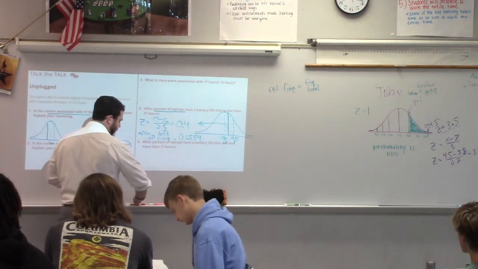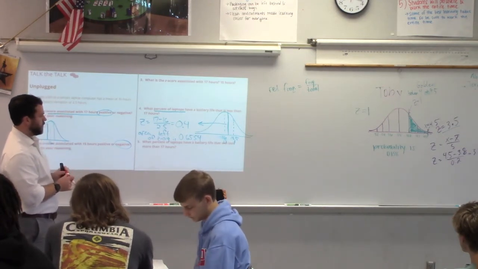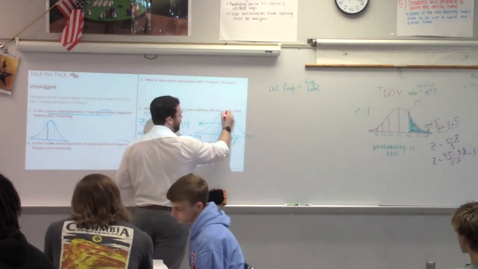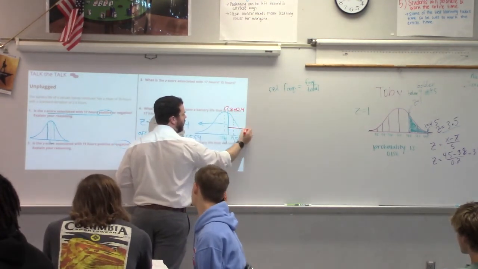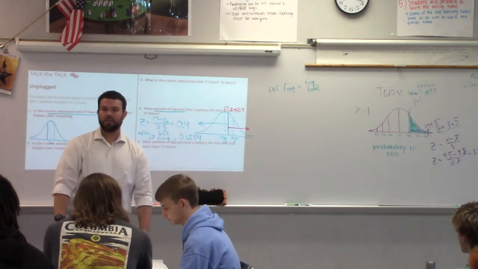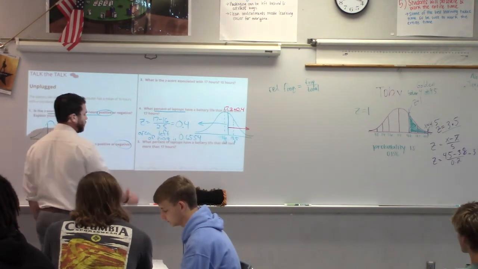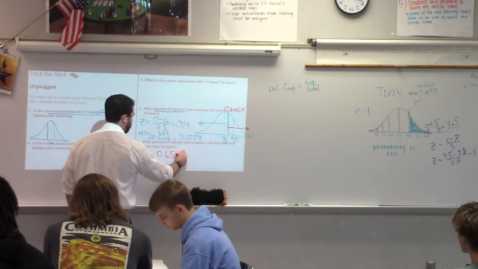But if I look at number 5, what is it asking for? It's asking for which will last more than 17 hours. So that's the 17 here, which is a z of 0.4 or more. You don't have to put that into the calculator again. You can do 1 minus 0.6554.